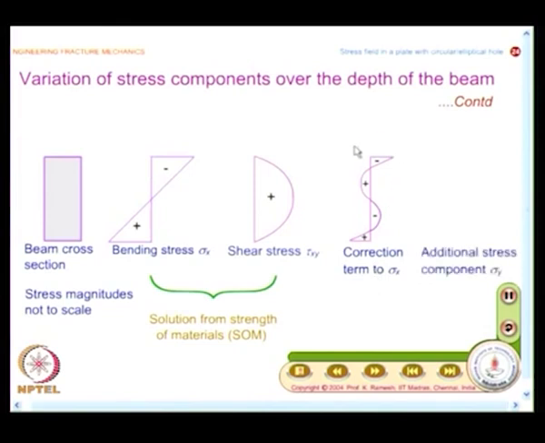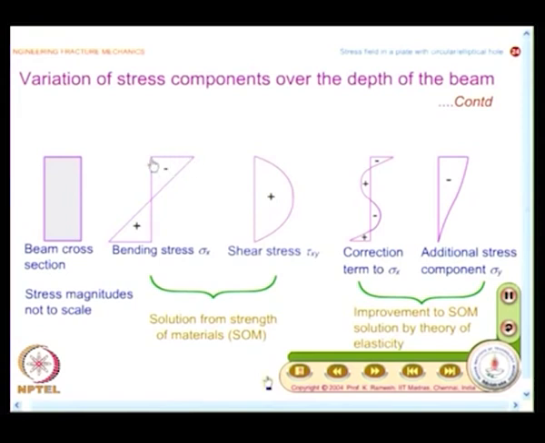This is only a schematic representation, you should not compare the magnitudes, and this may be quite small. In order to visualize the variation, it is drawn big. Similarly is the case for sigma y also. So, you get two additional quantities as part of your theory of elasticity procedure.